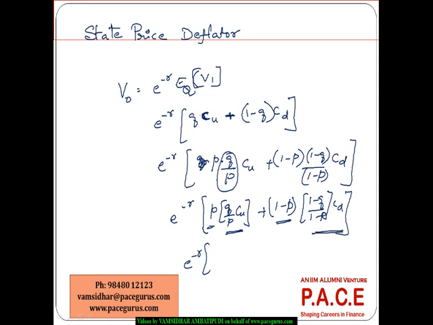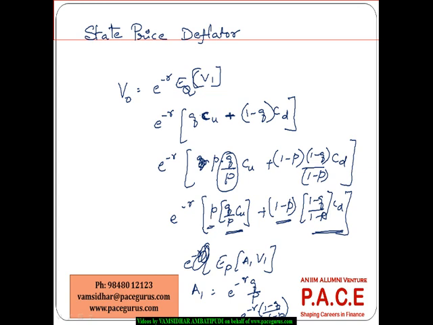So I could very well write it as the expected value of A1 V1, wherein A1 is e power minus r times q by p when the price has gone up, and e power minus r times 1 minus q by 1 minus p when the price has gone down, times the V1, which gives me the value.